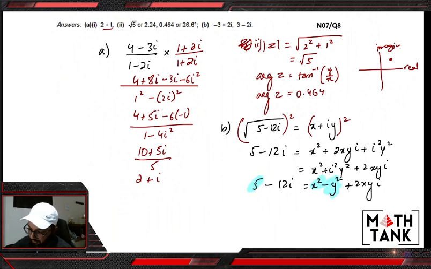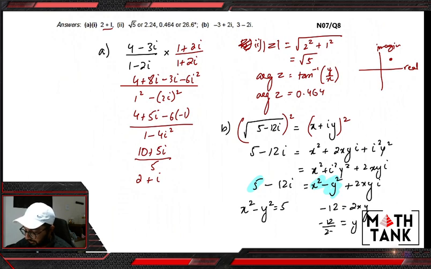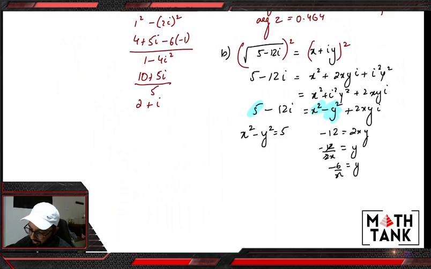So I'm going to say that 5 should equal x squared minus y squared. And minus 12 should equal 2xy. So if I take a substitution, what I get is y equals minus 12 over 2x, which is minus 6 over x. So I'm going to use that in the other equation that I have and try to solve that.